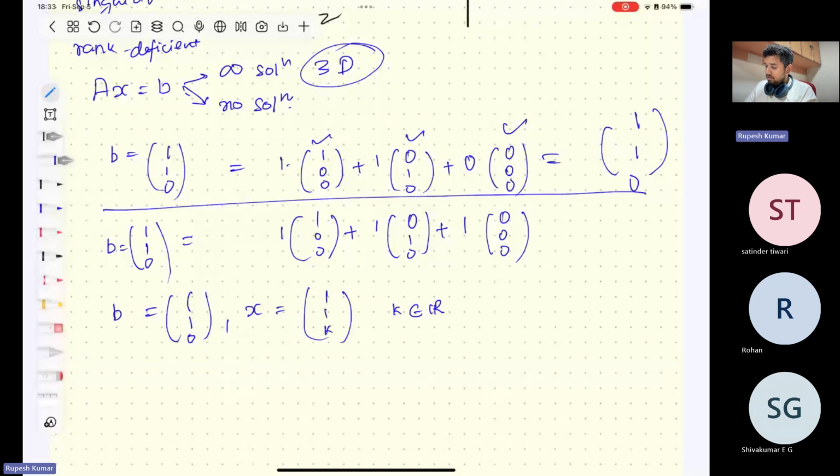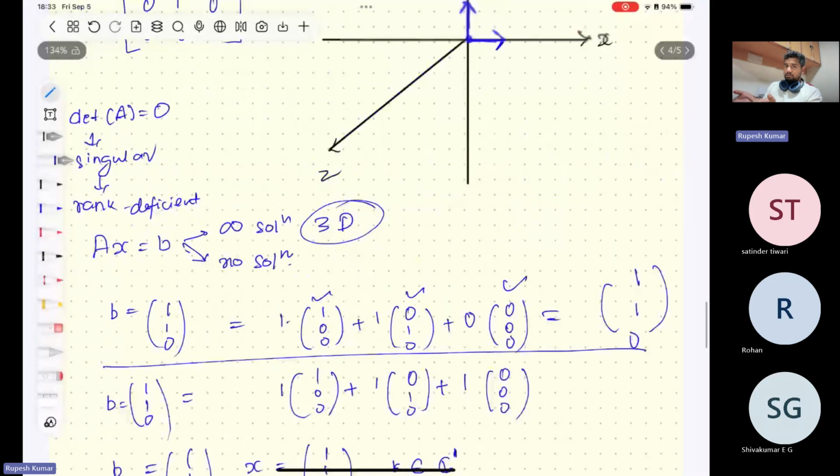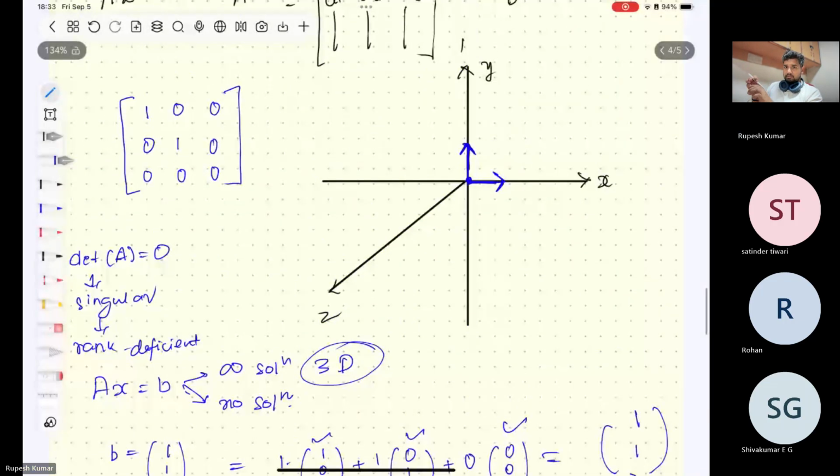K can be anything here, right? So now you have infinitely many values of K, and you are still able to reconstruct vector B from the column vectors of this matrix A. This is the case where you are getting infinitely many solutions. Fine, everyone?